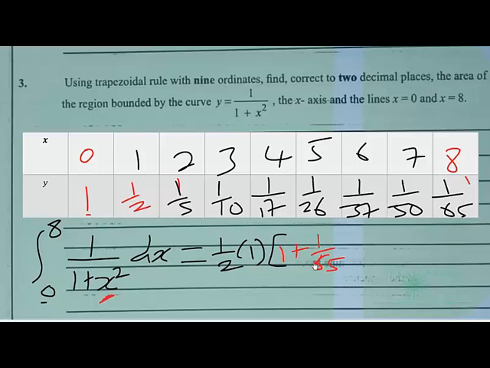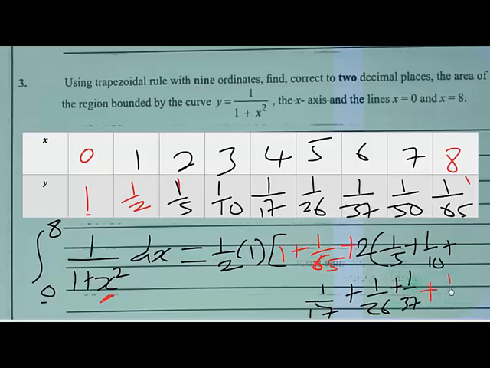Then we have plus 2 times the remaining values of y. So the remaining values of y are 1 over 5 plus 1 over 10 plus 1 over 17 plus 1 over 26 plus 1 over 37 plus 1 over 50.